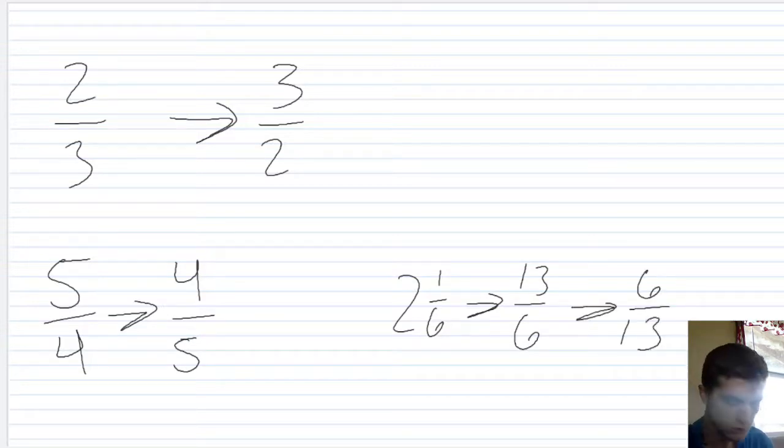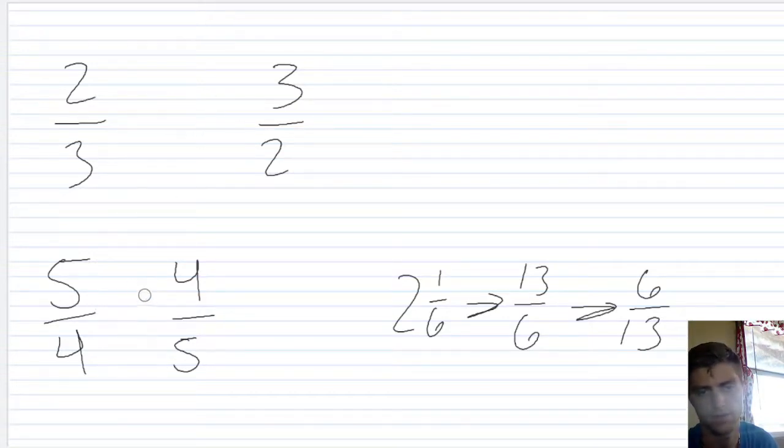Now, what's special about the reciprocal is that if we multiply it by what we had at first, let's see what happens. So 2 over 3 times 3 over 2, well, we can cancel. What are we left with? We're left with 1 over 1, which is just 1.